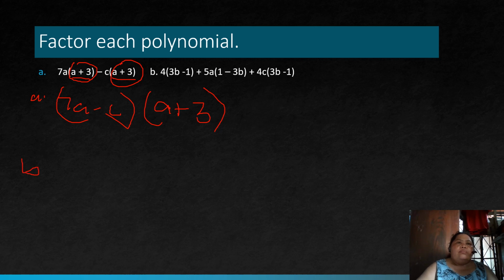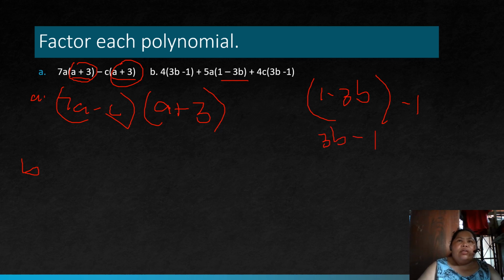Okay, for letter B, as you can see here, we have 1 minus 3b. So all you have to do is multiply this 3 minus b by negative 1, so you can write it on the other side. We can write this as 3b minus 1.